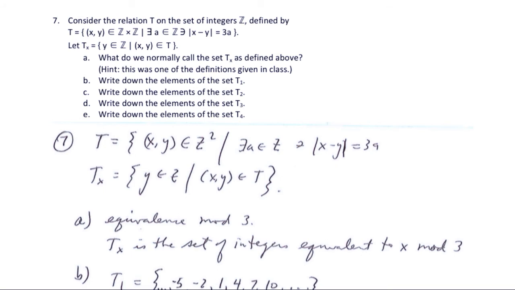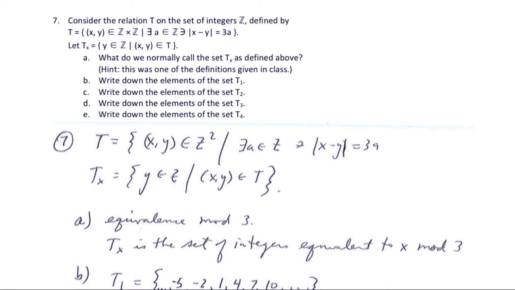Here I've also defined T sub x as the set of all y's in the integers such that (x, y) is in T. If this turns out to be an equivalence relation, these will be the equivalence classes of the relation. And so T sub x is all those elements which are related to x, basically.